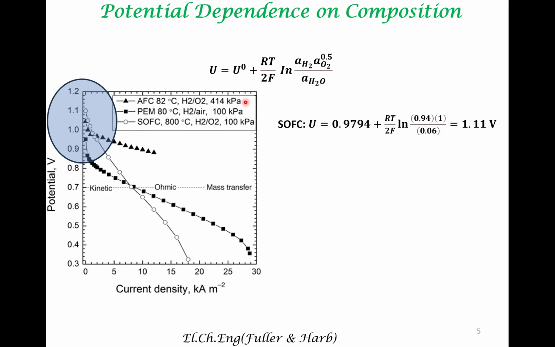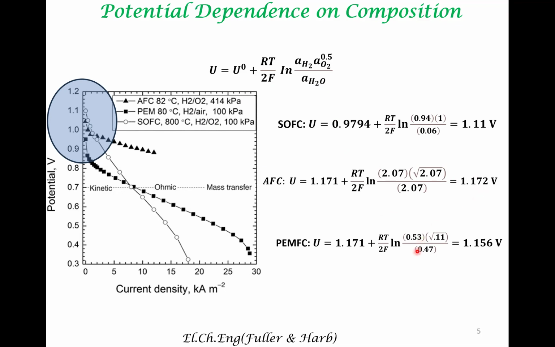Once you take into account the different composition of the solid oxide fuel cell, you have to correlate these formulas with these compositions. That will give you the open circuit potential to be 1.1 for the alkaline fuel cell. The composition utilized is different, so that would give a different potential, and so on.